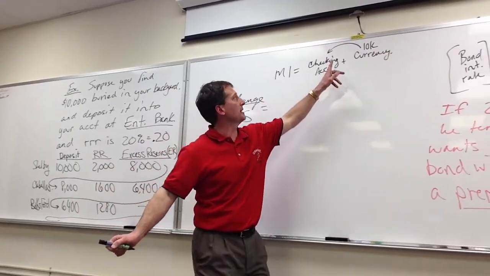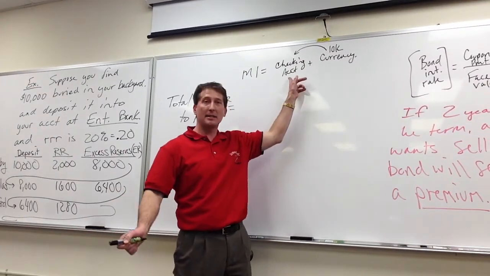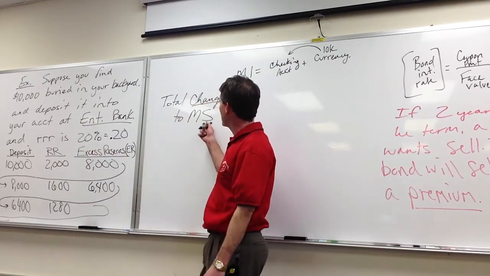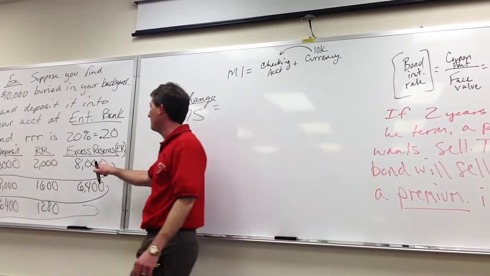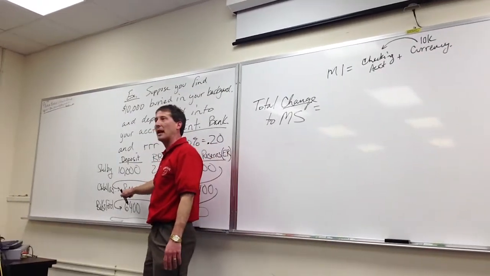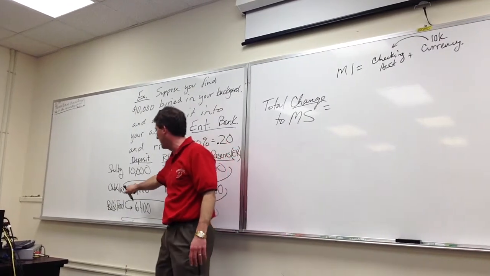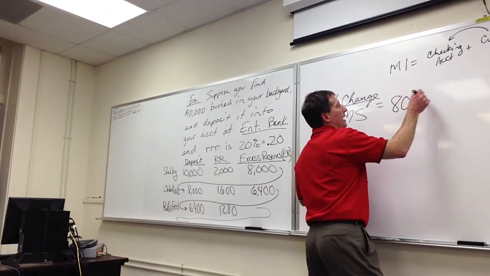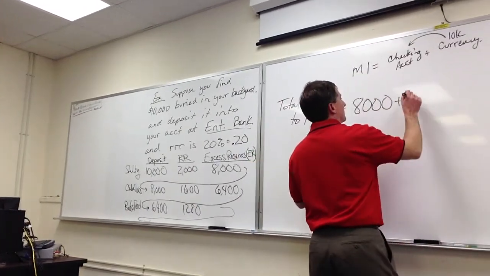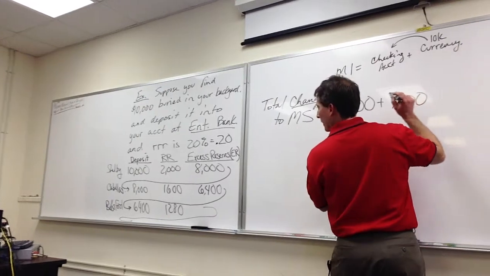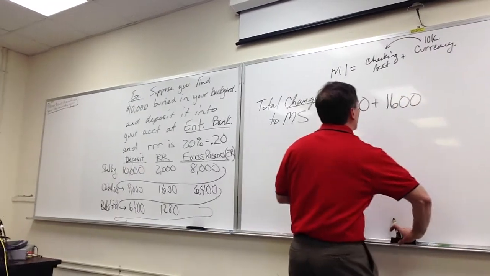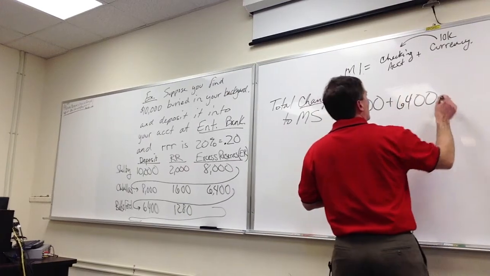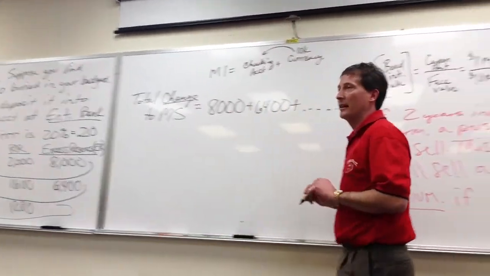The money supply didn't change when Shelby deposited it here. It stayed even. But the increase in the money supply kicked off with this first loan. That first loan of $8,000 that ultimately ended up in Cabela's bank account gave us the first one. So $8,000 plus $6,400 plus, and that continues on.